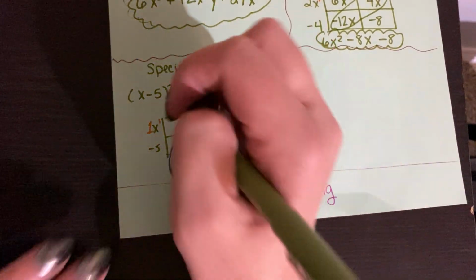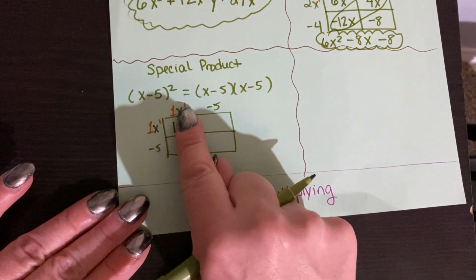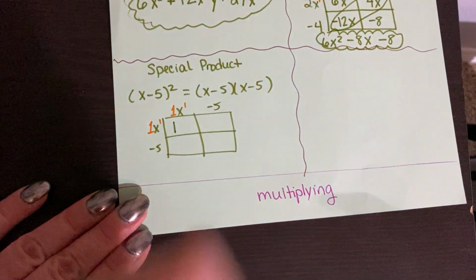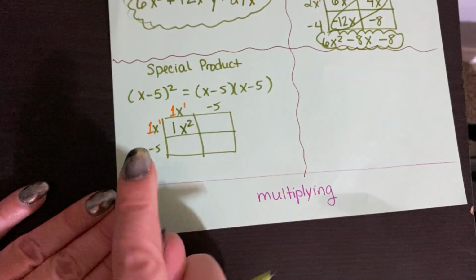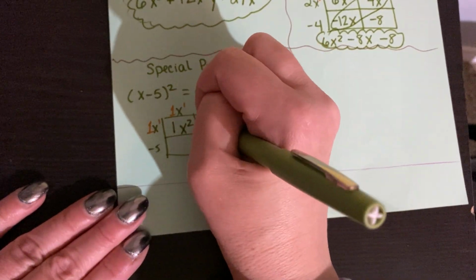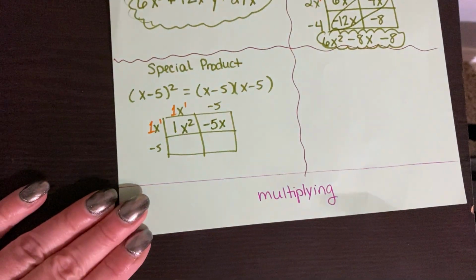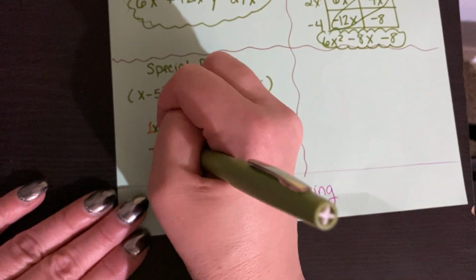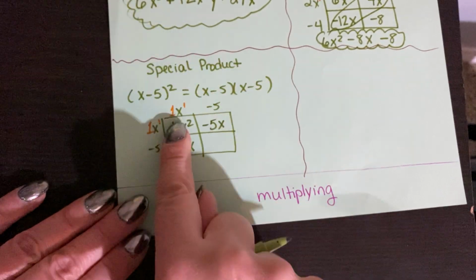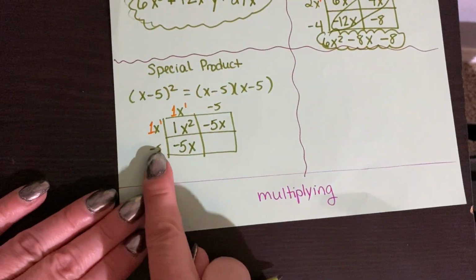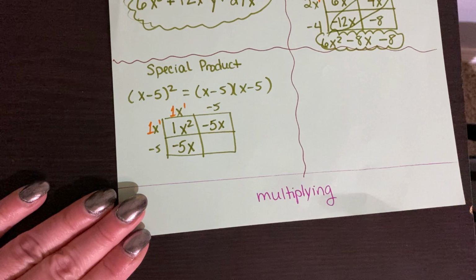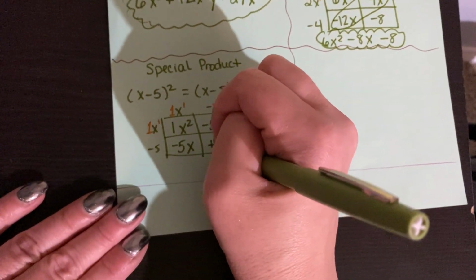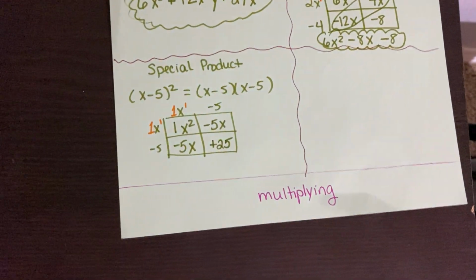I can write that, I don't have to. x times x, add exponents, so that's x². 1 times -5 is -5, and then there's just an x. -5 times 1 is -5, and there's just an x from here coming down. And then -5 times -5 is positive 25.